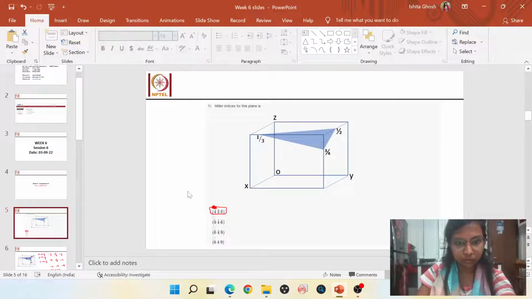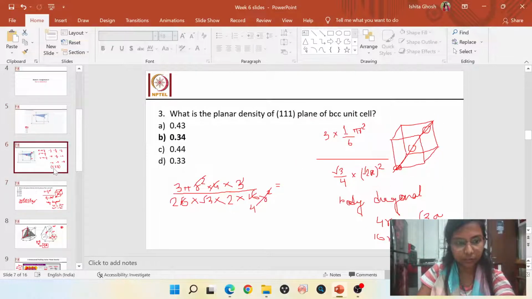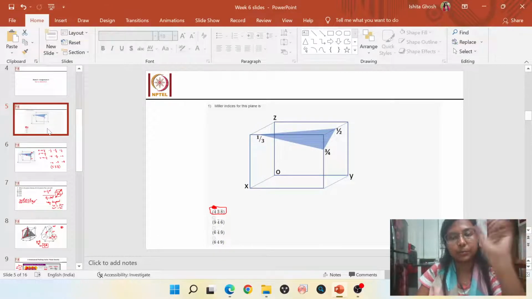At first we talked about the Miller indices. I hope you do not have any confusion, because there can be a confusion when we are deriving Miller indices for a plane with given intercepts, like here.